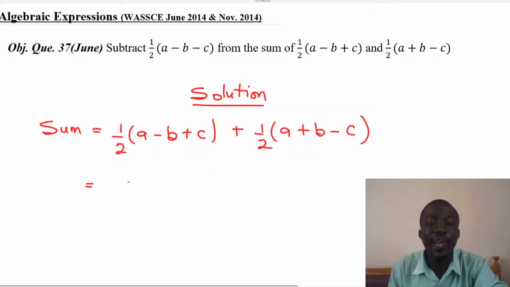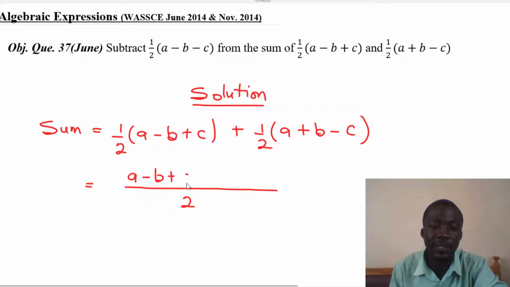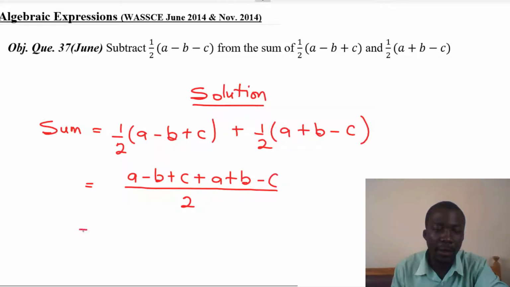With this, since they have the same denominators, we are going to pick one of them, which is 2. Then we add the two numerators, which we have a minus b plus c, then plus a plus b minus c. We simplify.